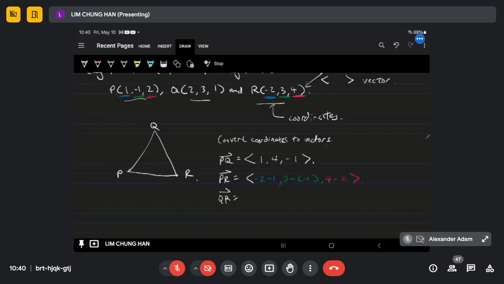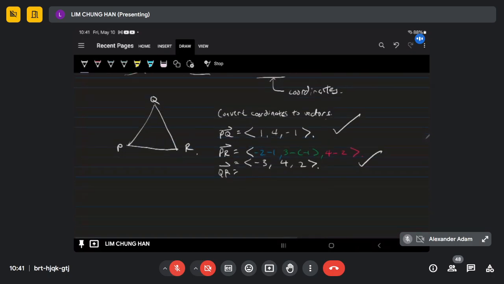That's how you get it. So you should get -3, 4, 2. That's how you get vectors from coordinates. Now I have two vectors, vector PQ and vector PR. Two is enough.